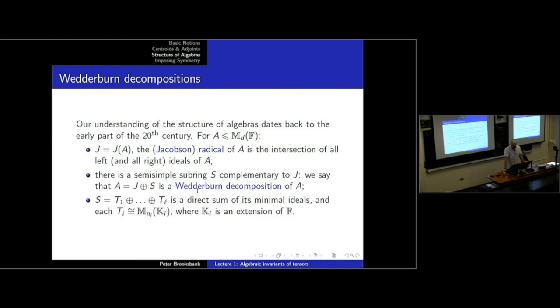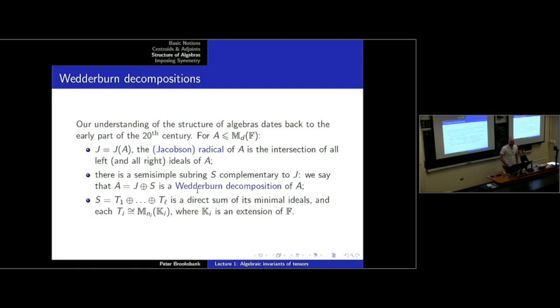I'm fairly sure that I'll be saying a lot of things on this slide that people know about already. What this slide basically displays is the standard Artin-Wedderburn theory of associative algebras. And it dates back to the early 20th century. But let me just summarize what it basically says. So first of all, if you're given this algebra A, you can calculate its radical.